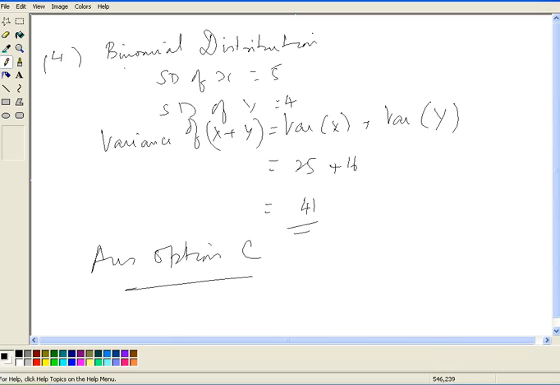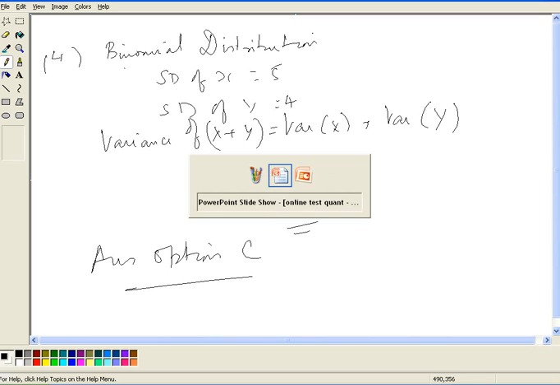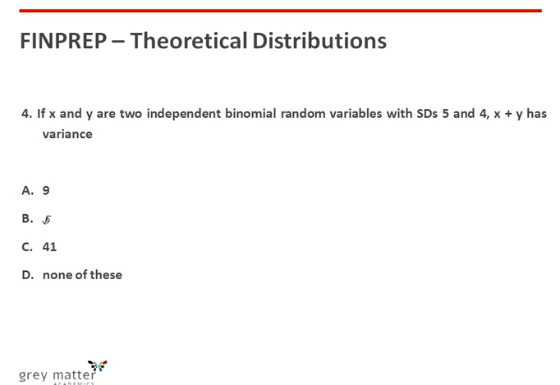Variance of x will be square of standard deviation of x, which is 5 squared, 25. Similarly, the other one will be 4 squared, which is 16. So the sum will be 41. So the option is C. Going to our PowerPoint presentation, the option is C, which is 41.